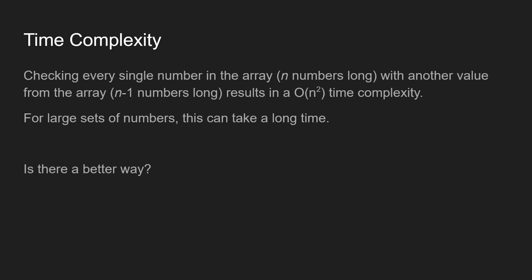And if you think about that, trying to find the solution for that is like you take the first number and then you check 999,999 other numbers with that number. And for large sets of numbers, this takes a lot of time, even for computers. So is there a better way to do this?